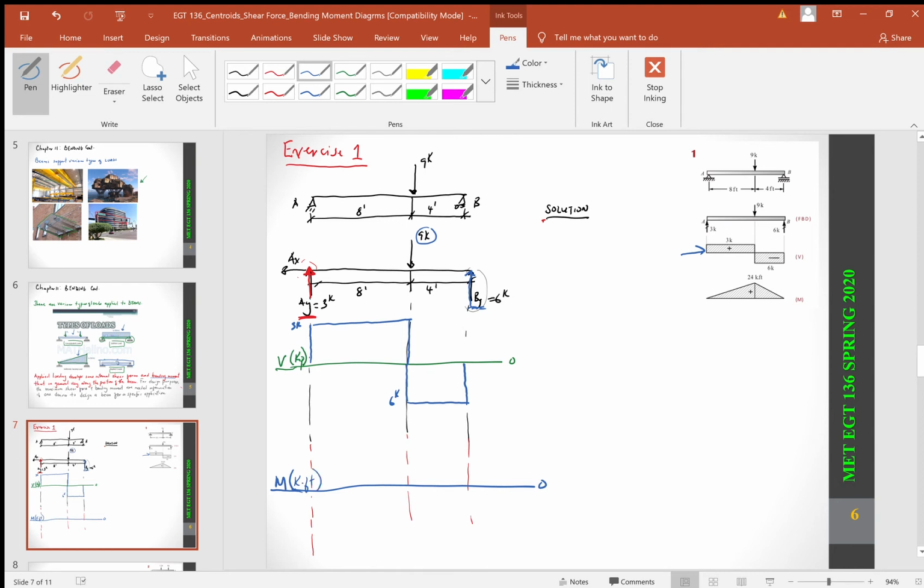Now the idea is I should be able to find the area of this shape here. So from here to here is 8 feet, and it has a height of 3. So that's 24 kip feet.